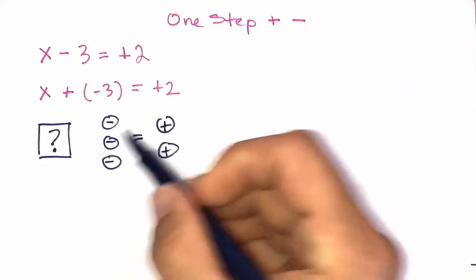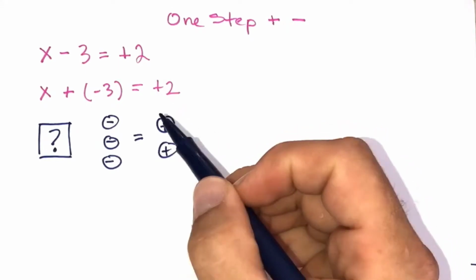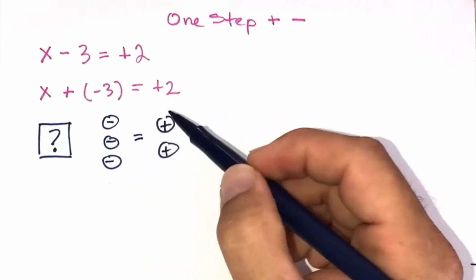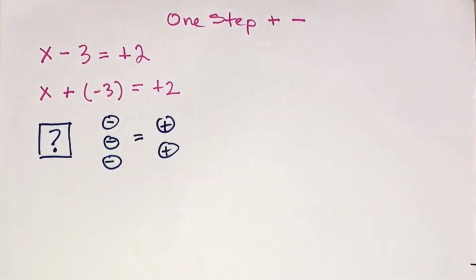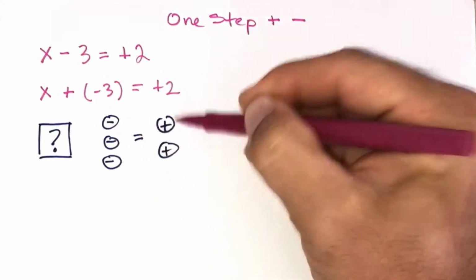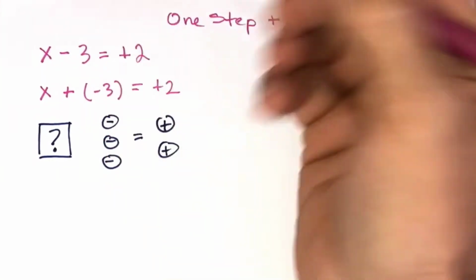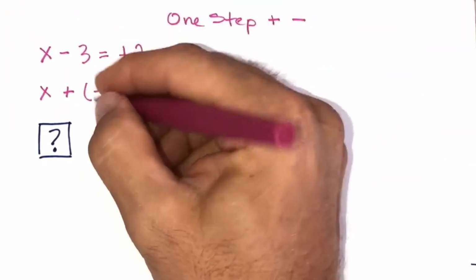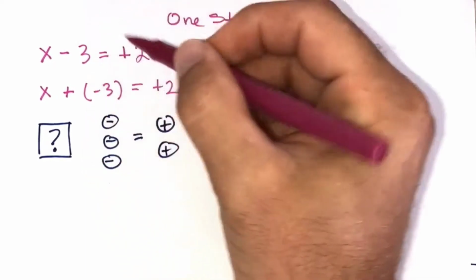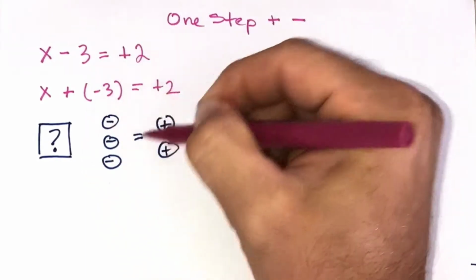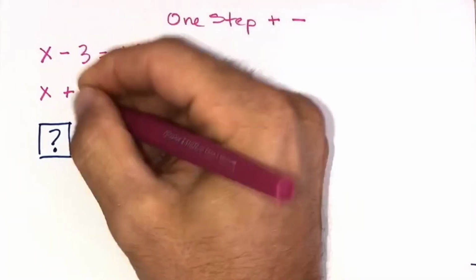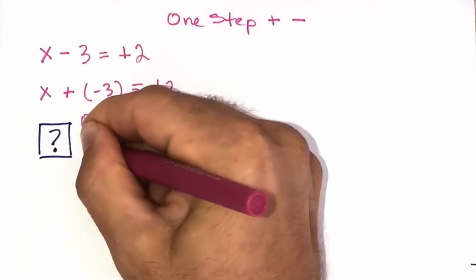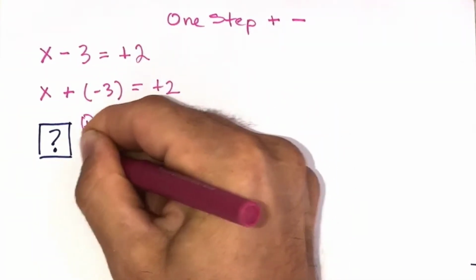Now, in order to find an unknown, what you're going to hear me talk about is doing the opposite, doing the inverse. So what opposite of a negative would give us a positive? Well, the opposite would be adding. So if I want to cancel out 3 negatives, I have to use 3 positives.